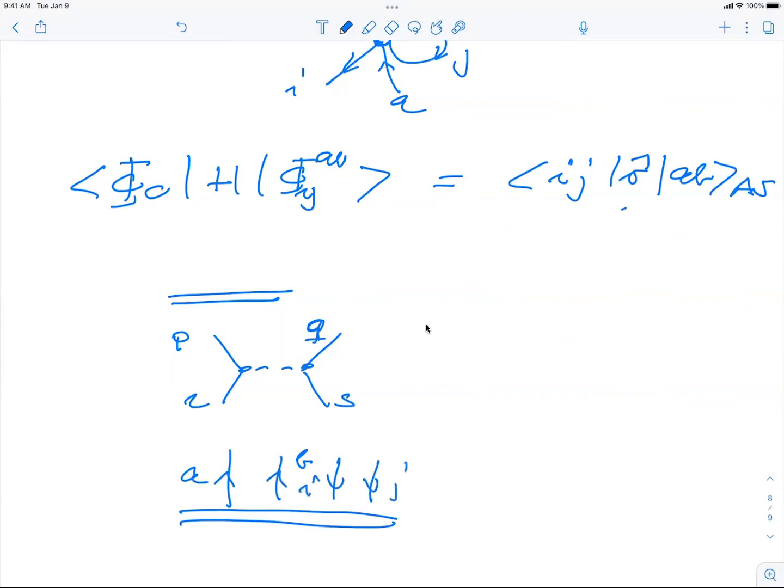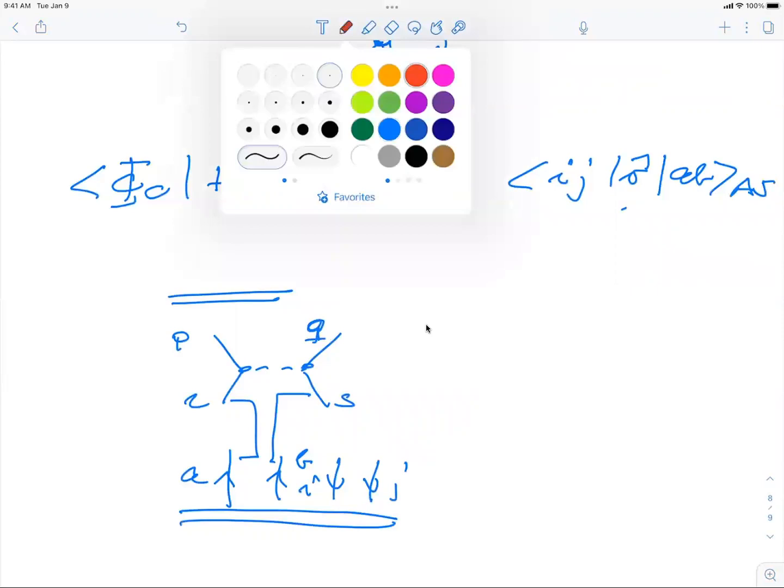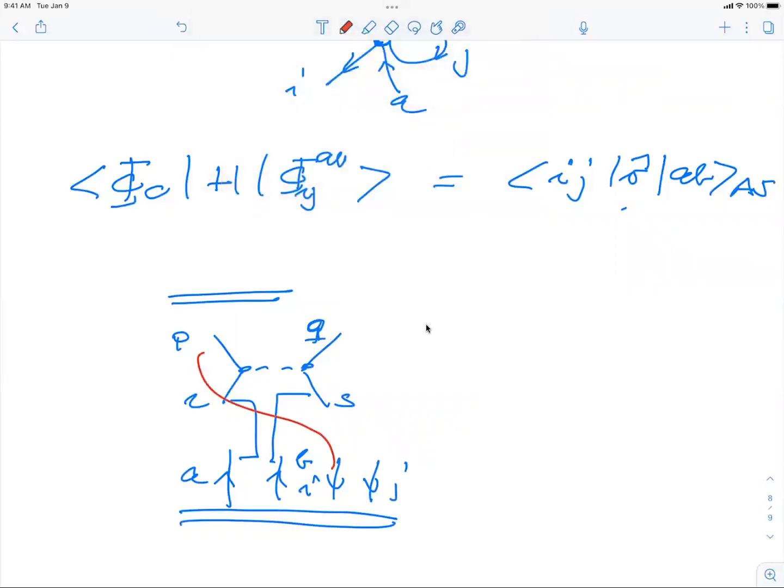And when I perform the contractions now, what I did was actually to contract this one with that one. And then I contracted this one with that. And then I contracted I with P. And then I had Q with J. And that gives us a diagram which is going to look like this.